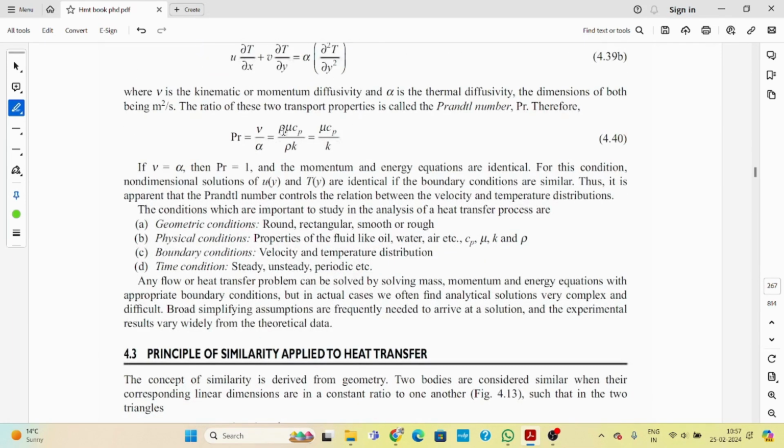Here you can see the Prandtl number, nu upon alpha, and mu c upon k. Here, this is important. You must remember this. Here, mu c upon k. Here is the important Prandtl number. Remember it.